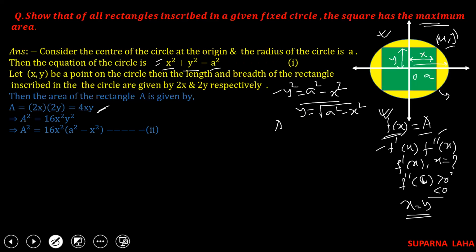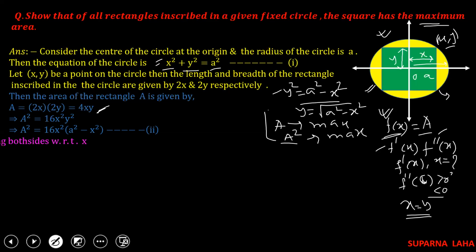Since if A is maximum, then A square is also maximum here. Since all these values are positive, whenever A is maximum, A square is also maximum. So instead of finding the derivative for A, we will find the derivative for A square.